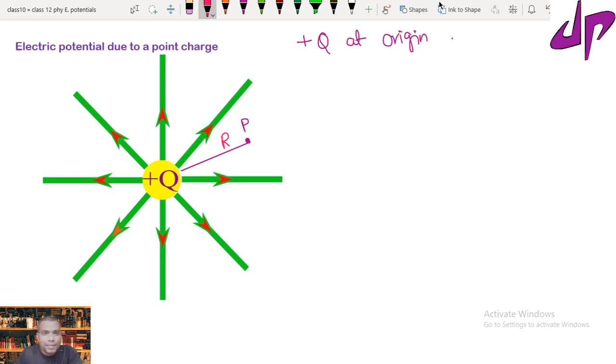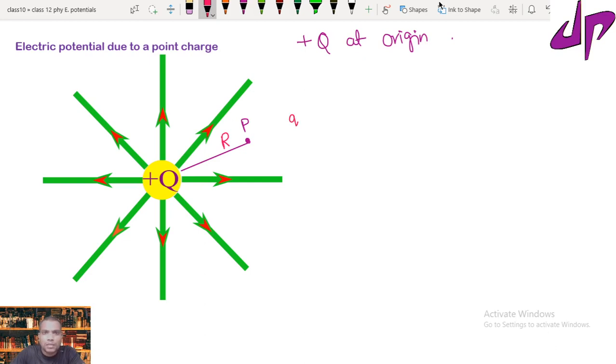To find that, I need to calculate my work. So let me take a test charge within the electric field. I am taking the help of a test charge.